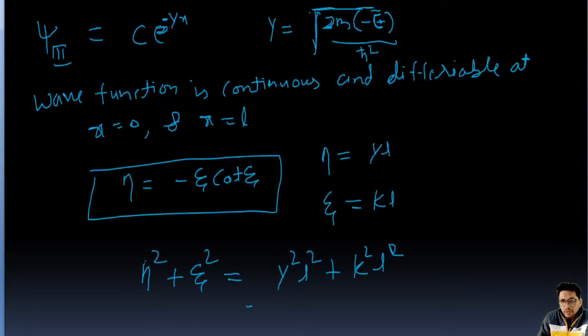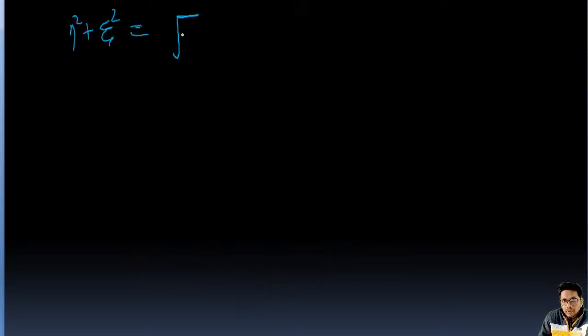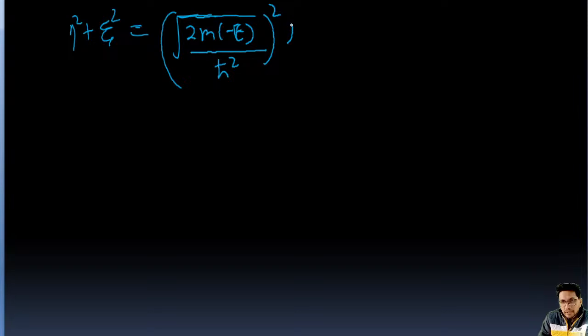The value of gamma is this one: root 2m minus e upon h square, whole square L square, and the value of e is root 2m e plus v naught upon h square, whole square.